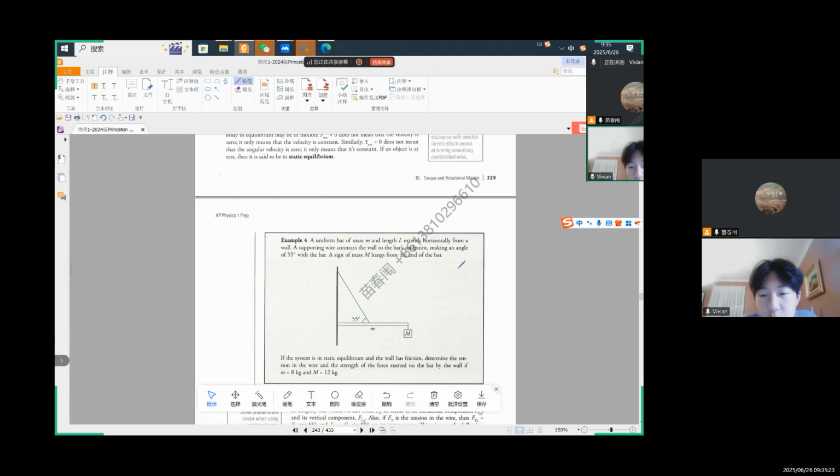This point here would be where it's rotating. We also consider this the system.